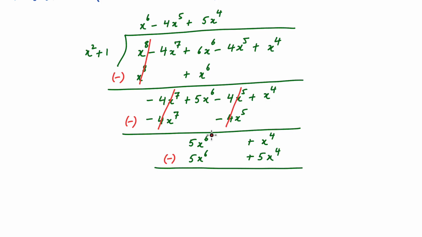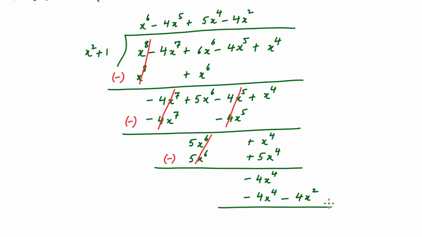Subtracting these last two lines, 5 times x raised to the power 6 cancels, and we get minus 4 times x raised to the power 4. Again, multiplying the denominator x square plus 1 with minus 4x square, we get minus 4 times x raised to the power 4 minus 4x square.